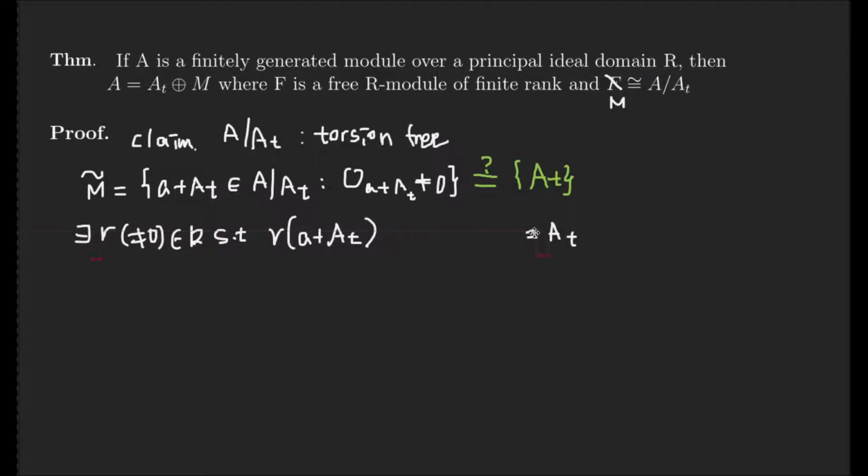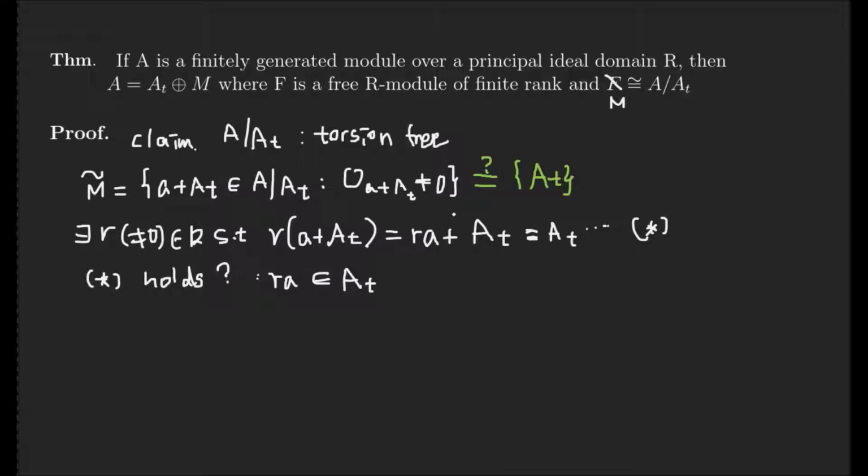We can expand by the operation of the quotient group. It is written as ra plus AT. So when this equation is satisfied, in order for the star to be satisfied, the answer is that ra is also an element in AT, meaning the torsion submodule.